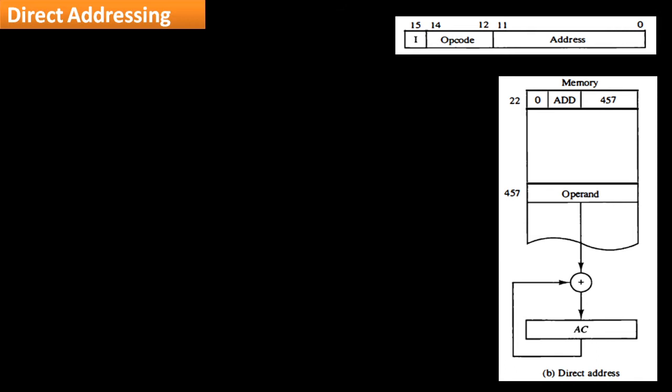In direct addressing, the most significant bit here is the bit usually reserved for showing whether the instruction is direct addressing or indirect addressing. In this case, if we consider I to be 0, it is direct addressing.